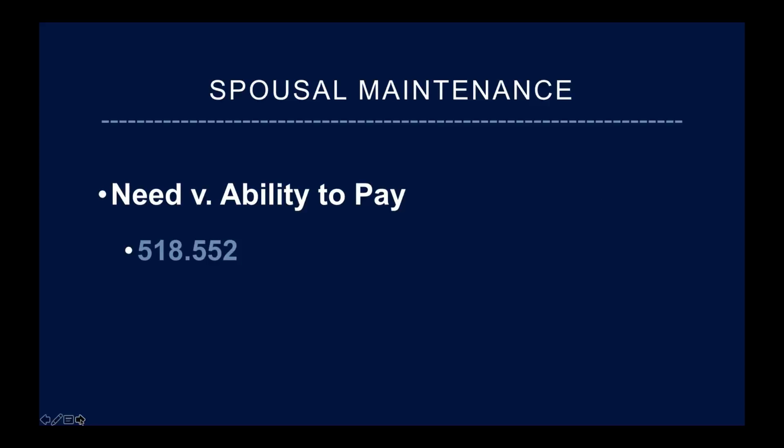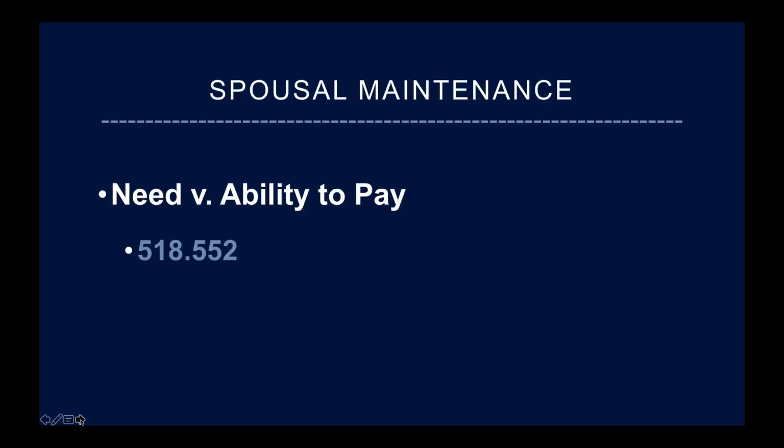The issue of spousal maintenance or alimony, they mean one and the same. Alimony is a payment that a higher income earning spouse pays to a lower income earning spouse following divorce. And the balance that goes on with regard to alimony is one's need for spousal maintenance against another's ability to pay. I could talk for an hour or more about alimony and all of the nuances that go into it.